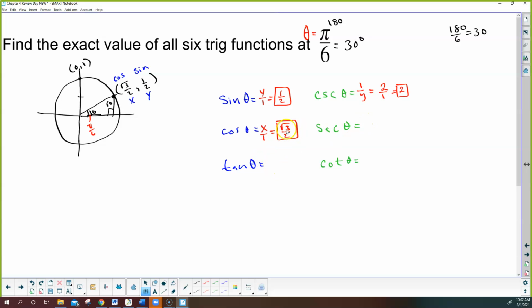And then what happens if I flip this? Well, secant is 1 over x, which is the reciprocal of our answer. But we don't like the square root in the bottom, so I'm going to rationalize that. And I'll get 2 square roots of 3 over 3.